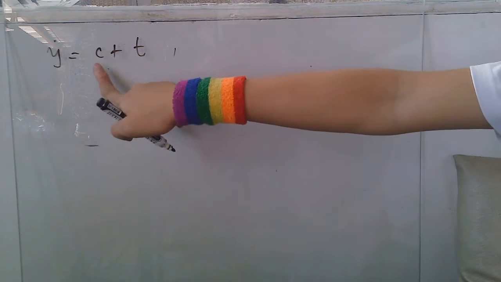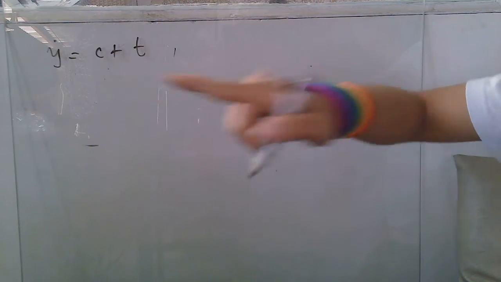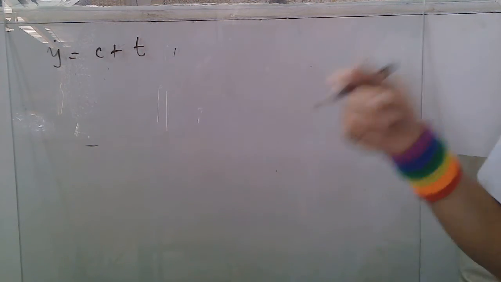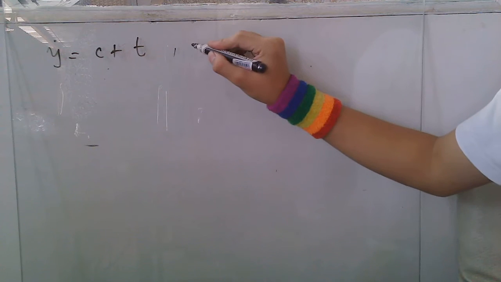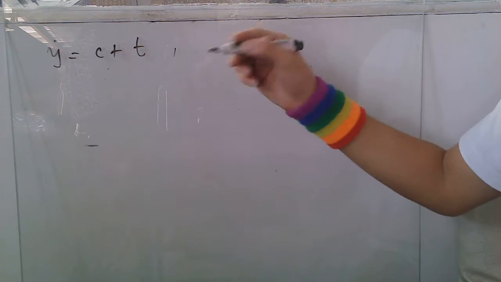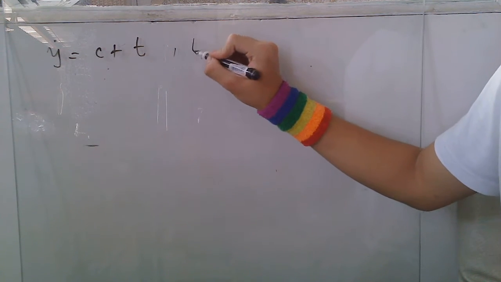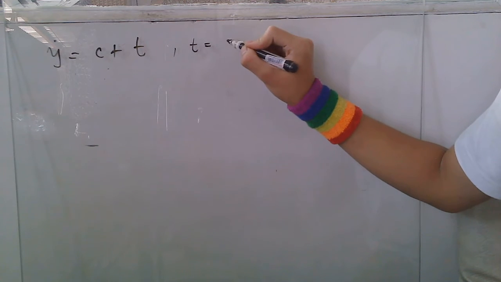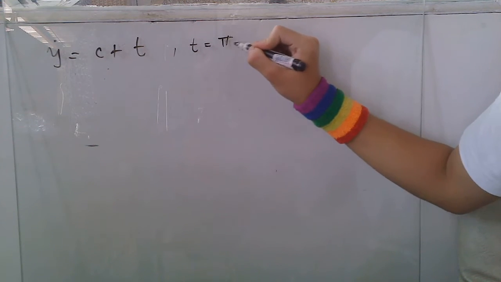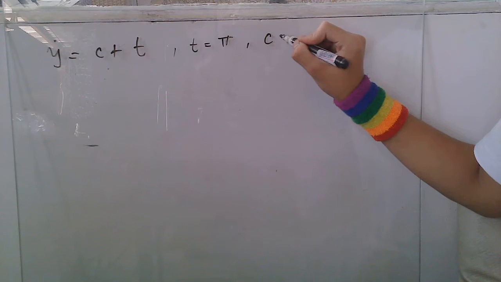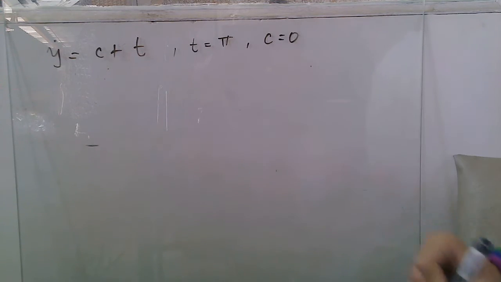So okay, given some initial value, this is our initial value problem. C plus t. C is an independent variable. T is a dependent variable. It's a differential equation, for Christ's sakes. So let's say that we're given some value that at t equals, well, let's say pi, c is equal to 0.